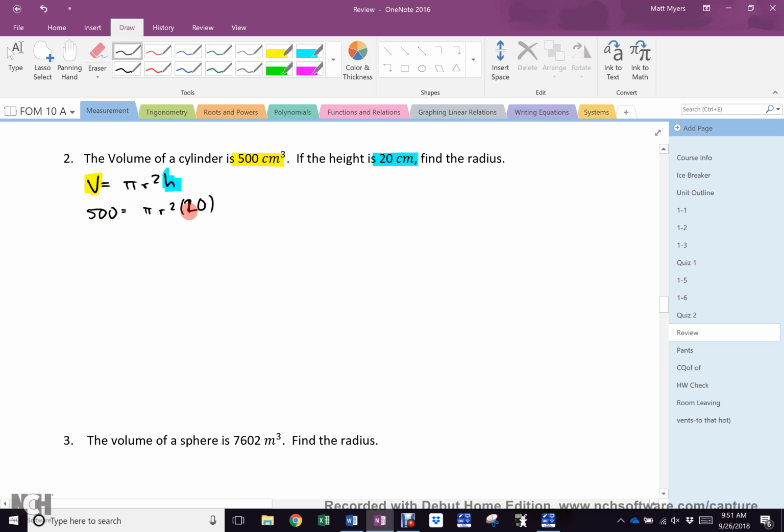How do I get rid of times 20 and times pi? Well, I divide by 20 and I divide by pi. I have to do the same thing over here. So now I have 500 divided by 20 pi equals r squared.